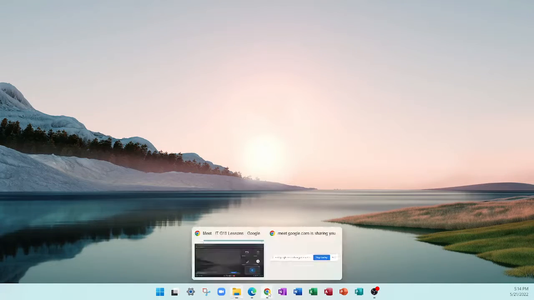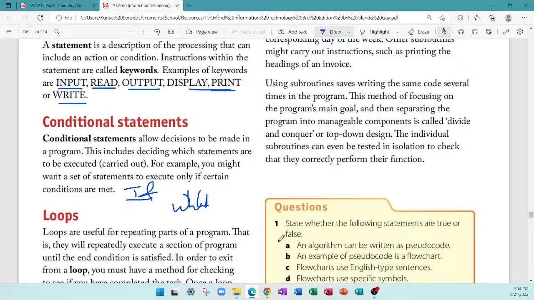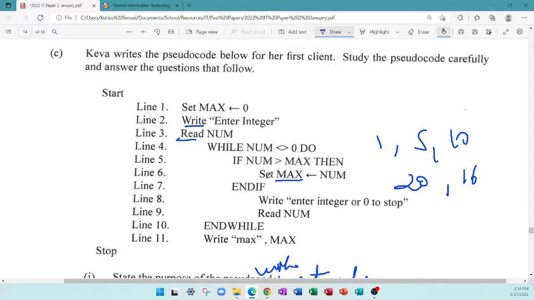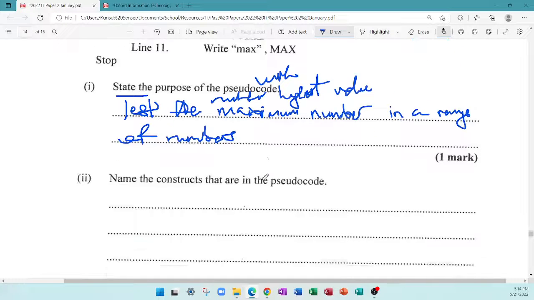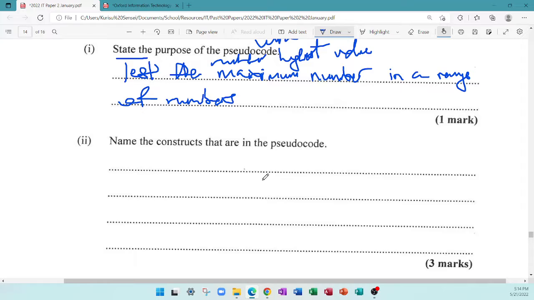I'm not sure. Let me see, because I think while is also one. Yeah, while is also one.